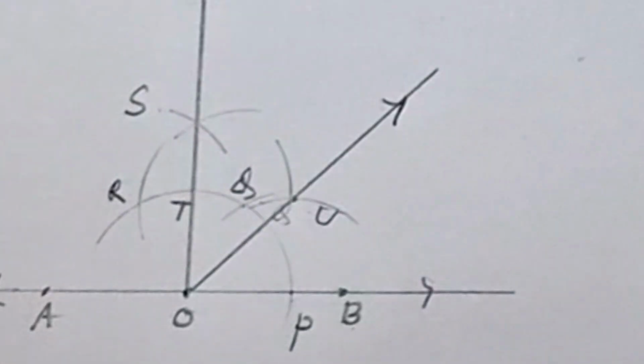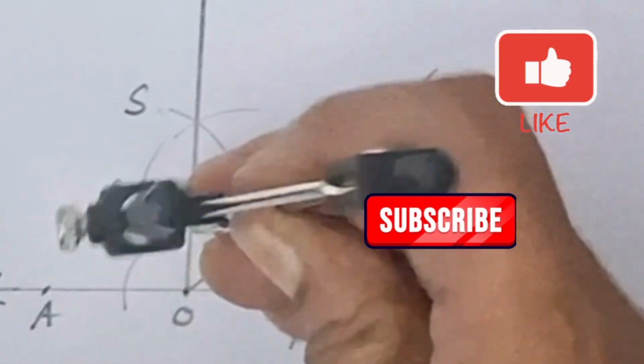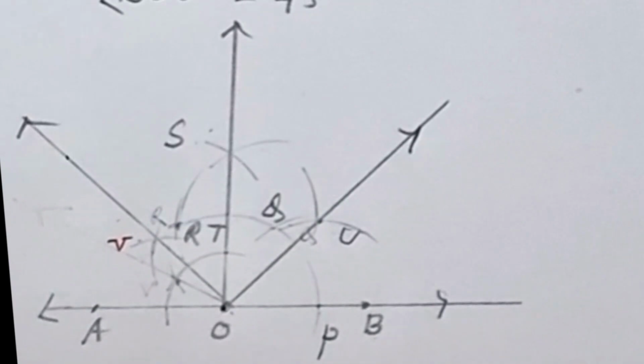In the same way, we bisect the angle. Here angle AOV and SOV are equal to each other and they are equal to 45 degree.